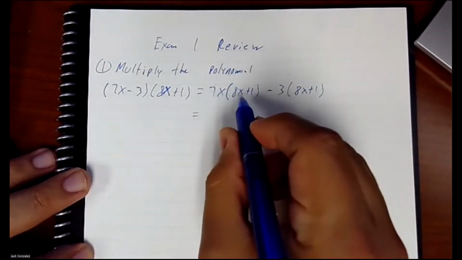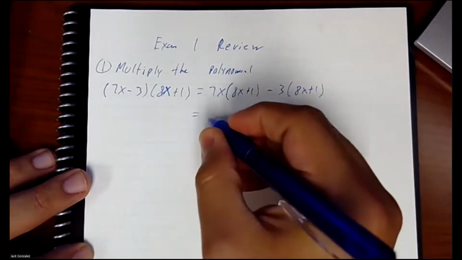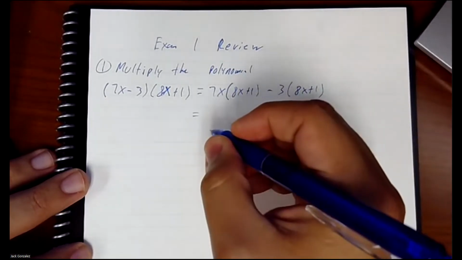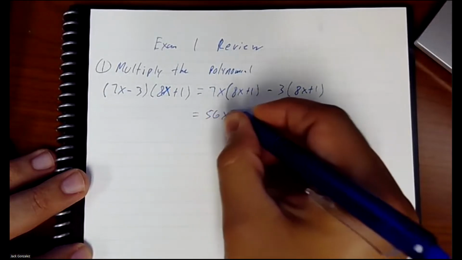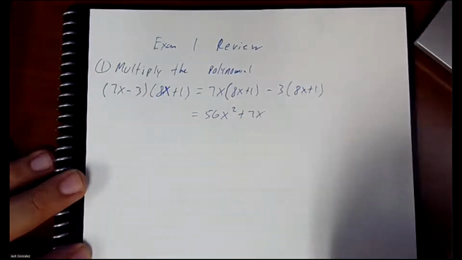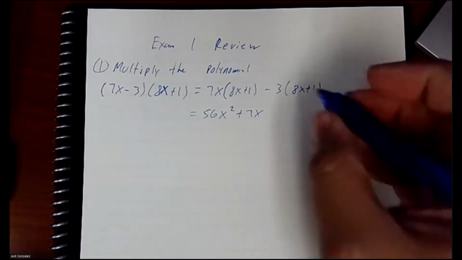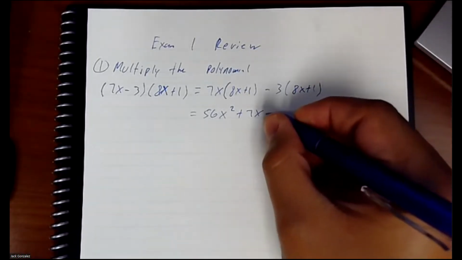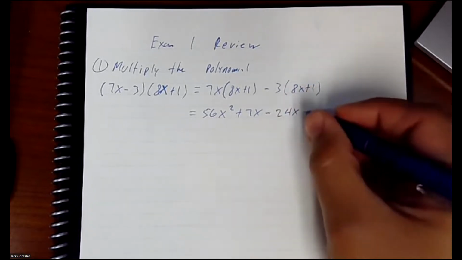So you could do it that way if you want, and then just distribute. So 7x times 8x. What's 7 times 8? 56, right? 7x times the 1. Negative 3 times 8. Negative 3 times the 1.